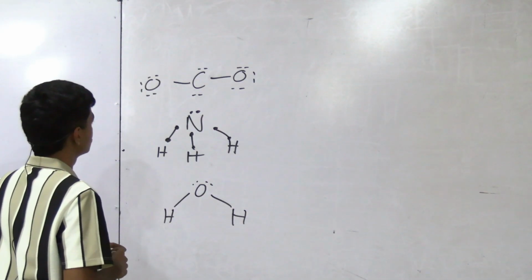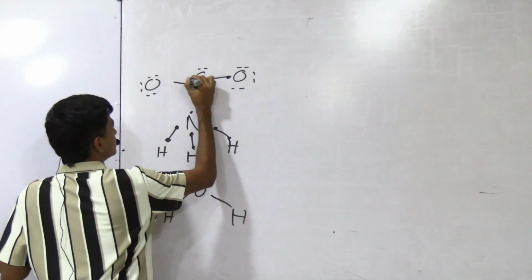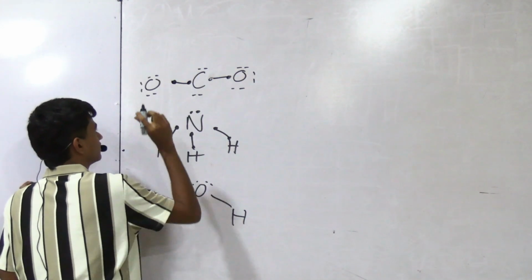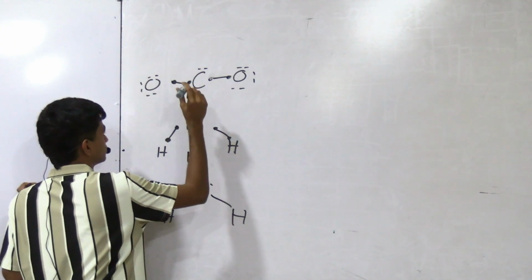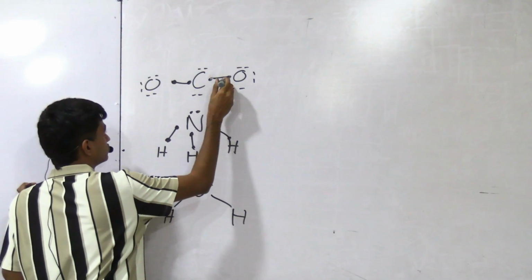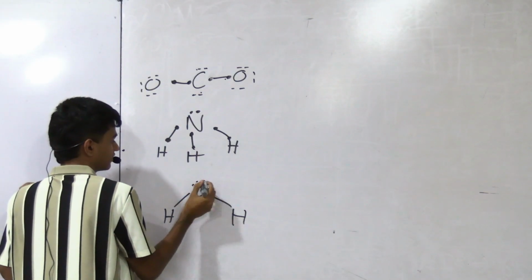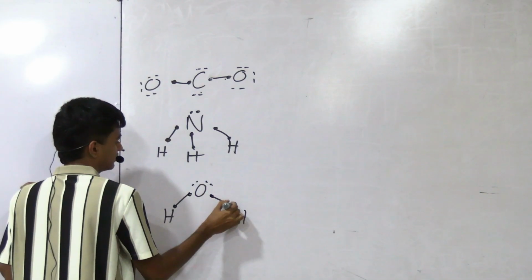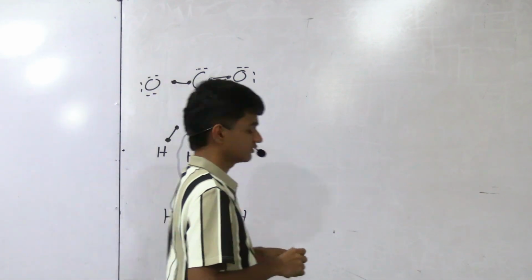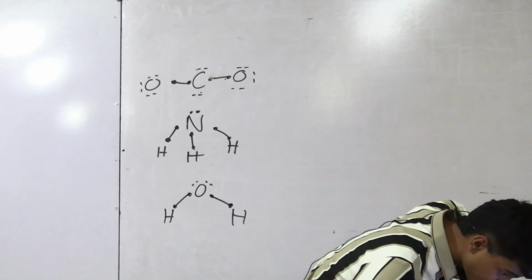Same thing here, we have 2 electrons which are shared between carbon and oxygen. If we count it, we have 1 2 3 4 5 6 7 8. Same thing here, 1 2 3 4 5 6 7 8. So statement number 1, all these 3 have a complete octet. So the answer is gonna be 1.